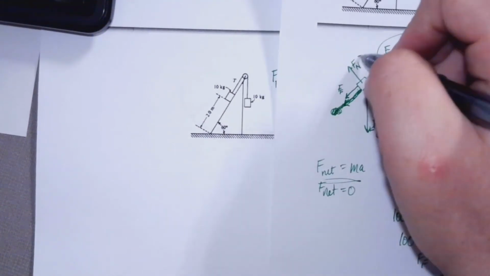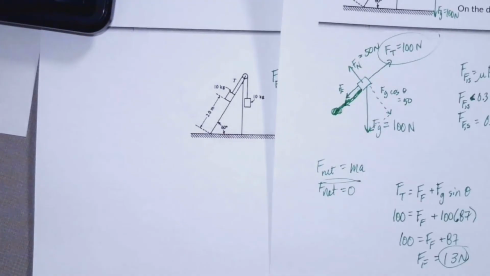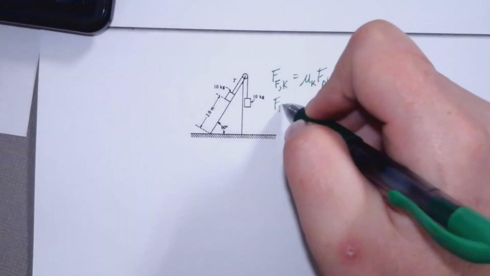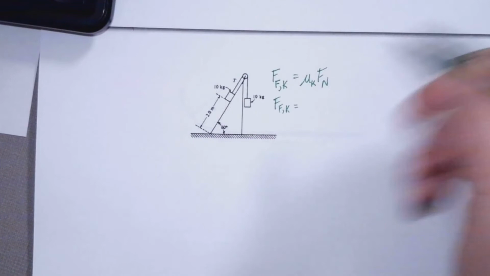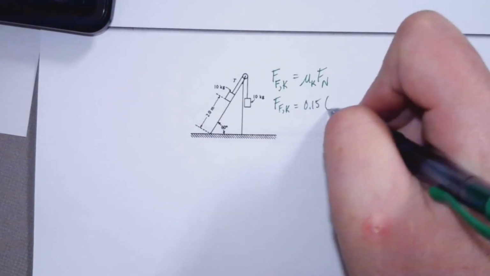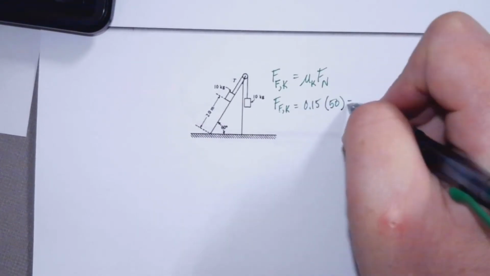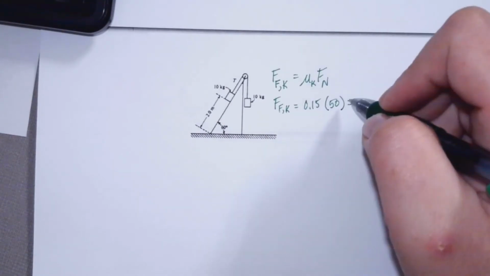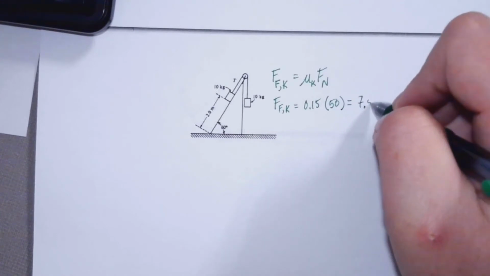So our normal force is going to be 50 newtons. Okay. So over here, force of friction kinetic is equal to mu k, which is 0.15, times 50. Is that right? That's right. Okay. So this will give us 7.5 newtons.